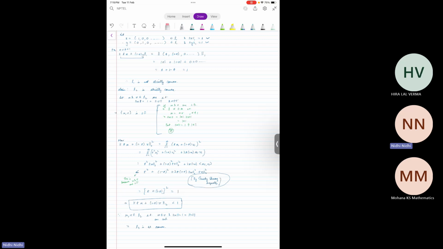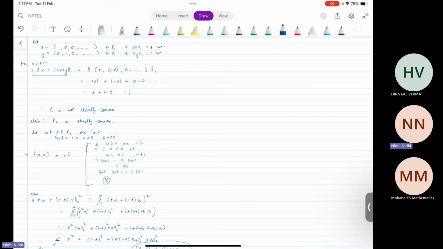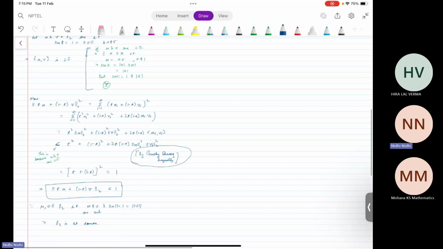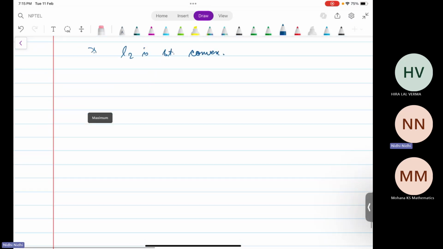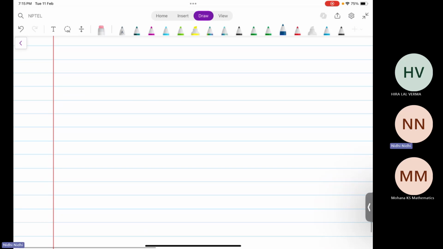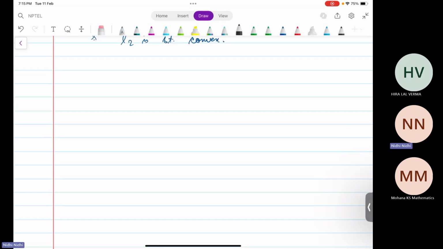Well, let's move to the next question. The next question will be using this strict convexity of the L2 space. Question number 2. Let V be equal to L2.